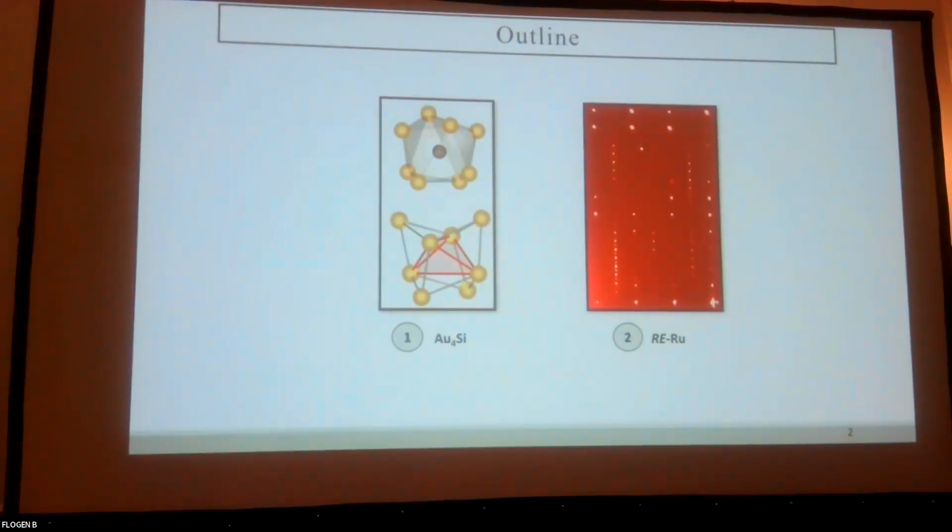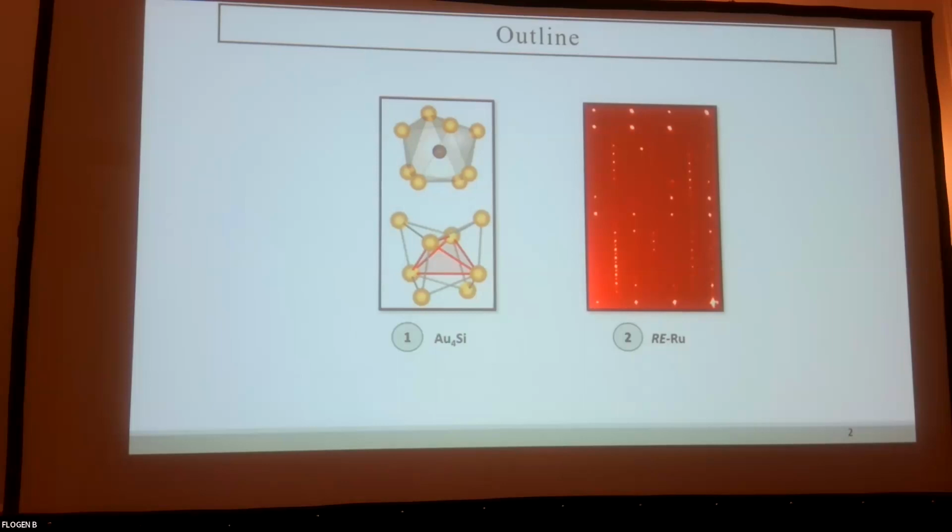Sorry for that. So there are actually two topics I would like to talk about. The first one is a metastable phase in the gold silicon system. And the second topic is binary phases in rare earth engineering system.